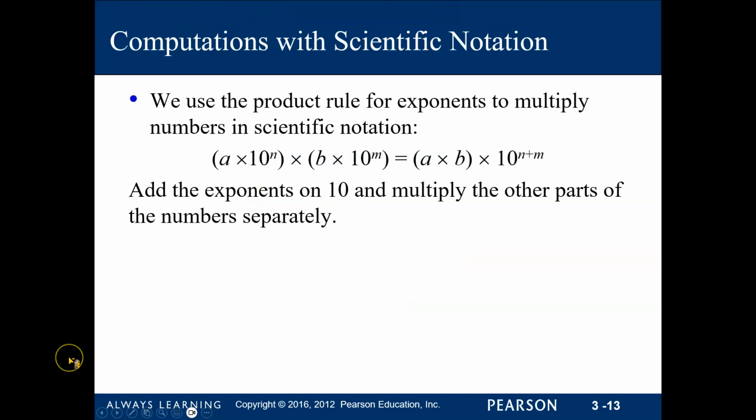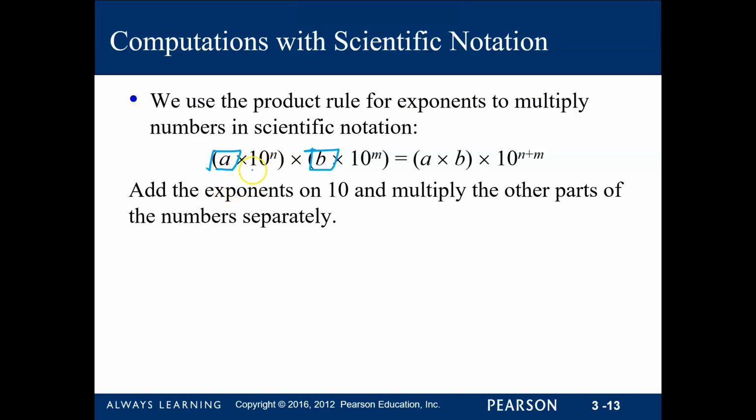So can we also do operations with scientific notations? Definitely. When we are multiplying or dividing scientific notation, we work with the numbers, okay? We multiply them as they are, and then what do we do with the times 10 to the something power? Now we are going to apply the rule for the exponent.